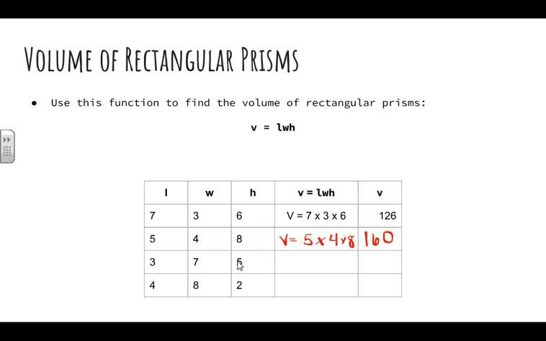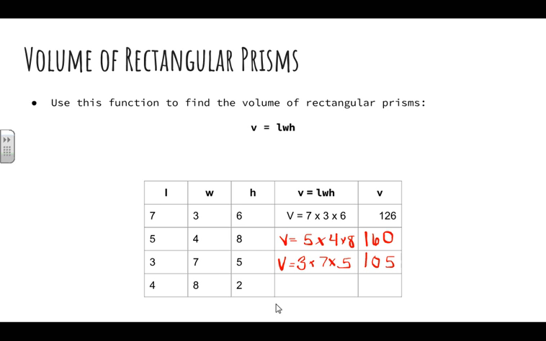If you have a rectangular prism with a length of 3, a width of 7, and a height of 5, your formula will be V equals 3 times 7 times 5. 3 times 7 is 21, and 21 times 5 is 105.